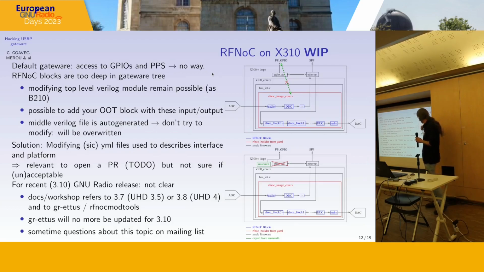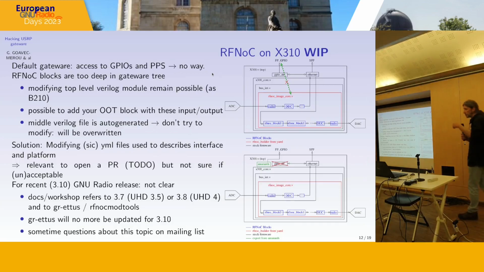This red box is a file generated by a tool provided by RFNoC Image Builder. It's built based on a set of YAML files. So, of course, it's possible to modify the top level, the second level file, but don't try to modify the red box, because this is always overwritten when you use RFNoC Image Builder.